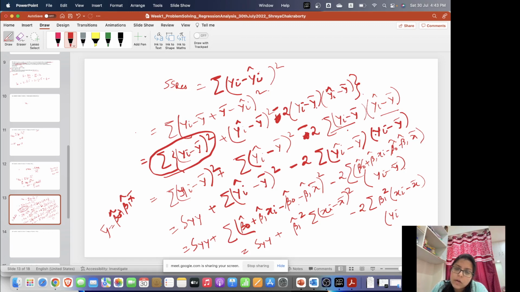Y minus y bar plus y hat minus y bar. Anybody can find any fault over here?